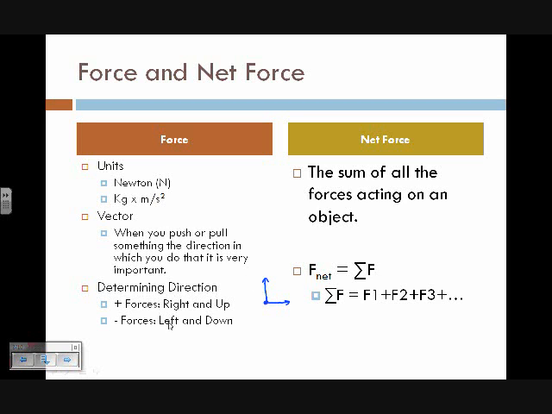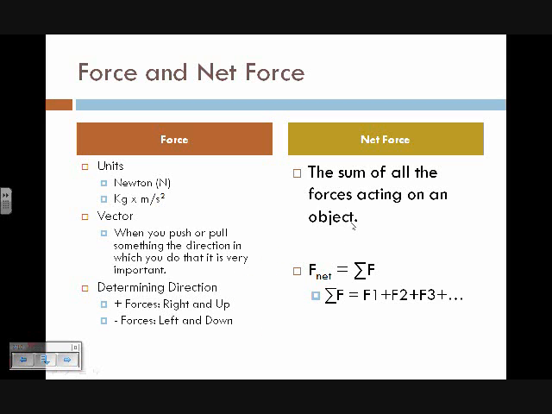Negative forces are going to be forces that go to the left or that go down. If you think about a coordinate plane in math, where you have an x and y axis, right and up are the positive portions of the number line, and left and down are negative. So it makes sense that left and down are negative and right and up are positive.